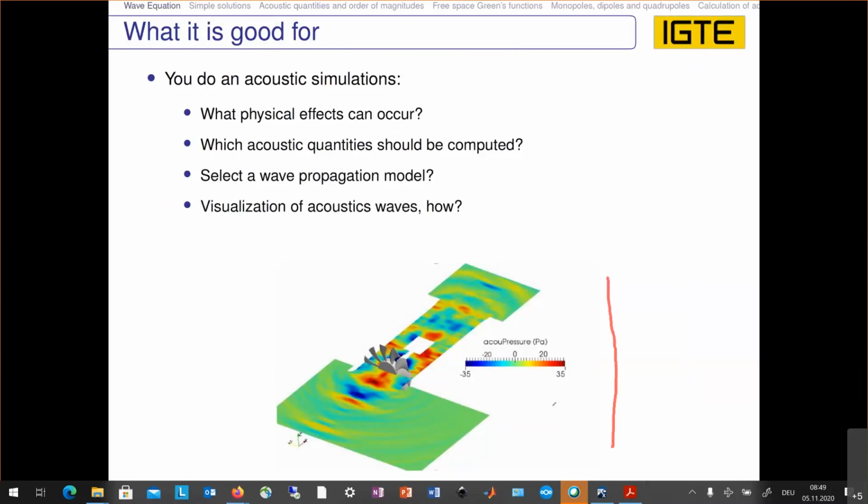It is for a characteristic time step, and that is really an acoustic field which has been computed based on flow computations, and then according to the sources extracted from the flow computation, a so-called convective wave equation. So a wave equation taking into account convection effects due to the flow has been used.